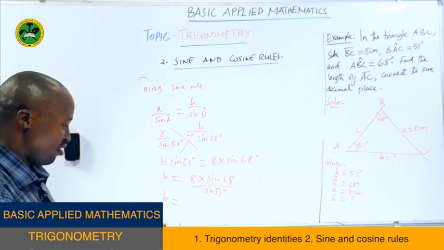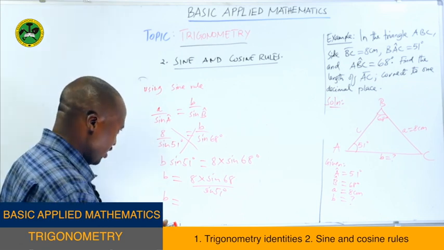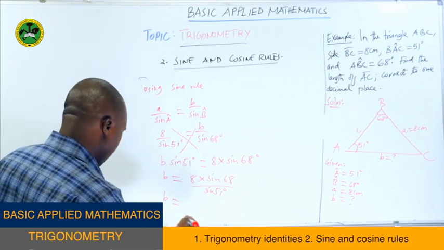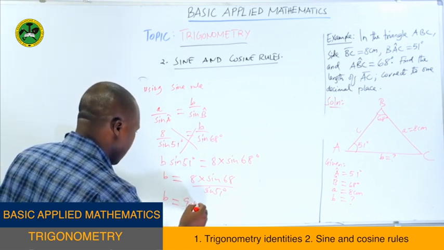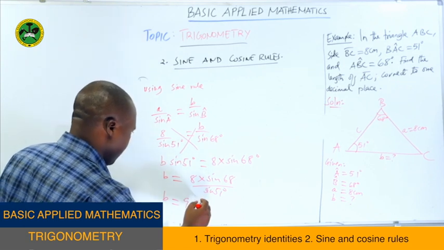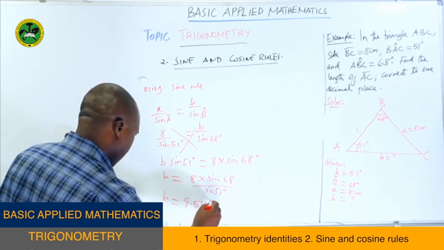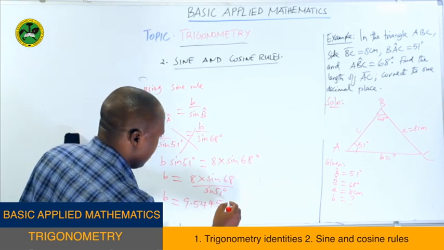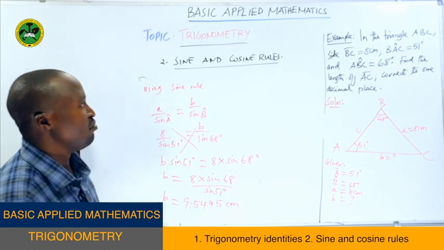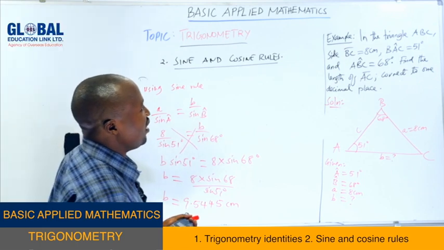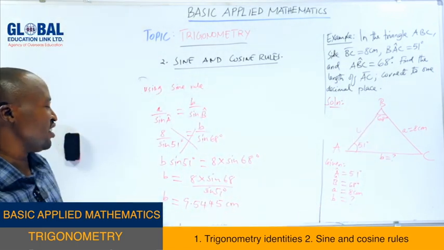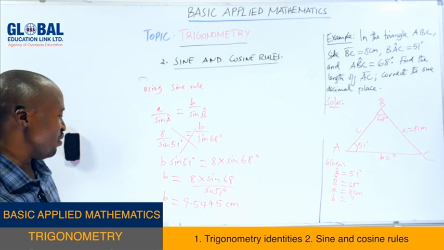So we are going to have the length B equal to 9.5445 centimeters. But they said correct to 1 decimal place.